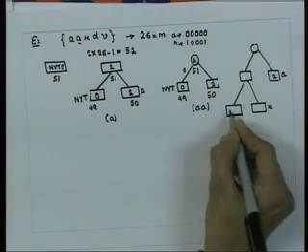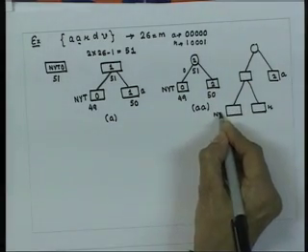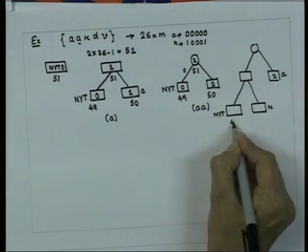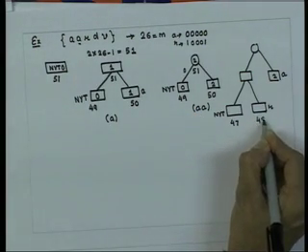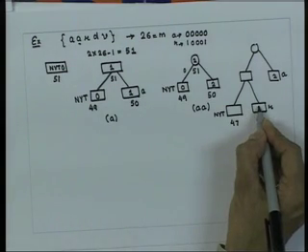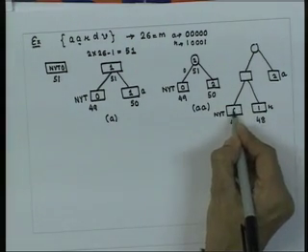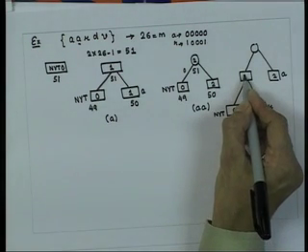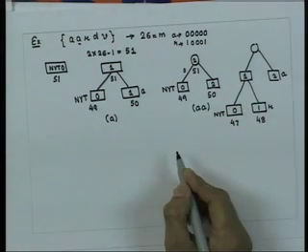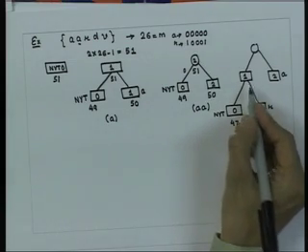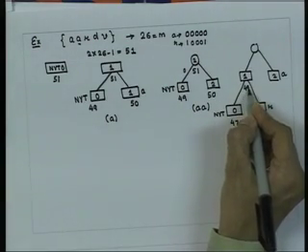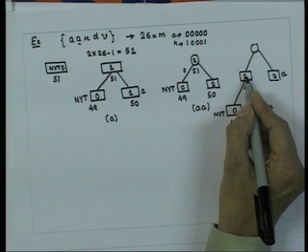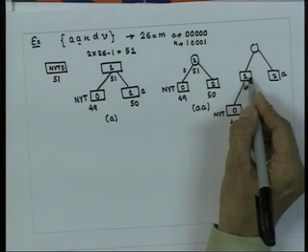So, I get this new NYT, I renumber this 49. So, this becomes 47, 48. The weight is 1, the weight here is 0. I increase the weight of my old NYT, it is 1. Now, this has the highest number in its block, so I do not have to do anything.